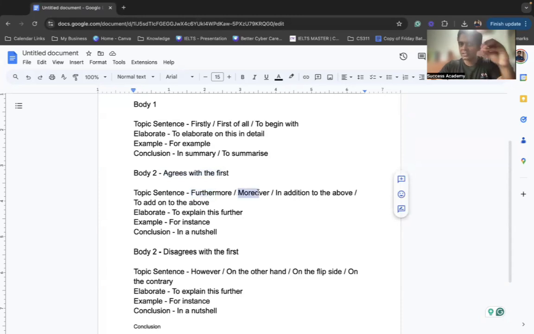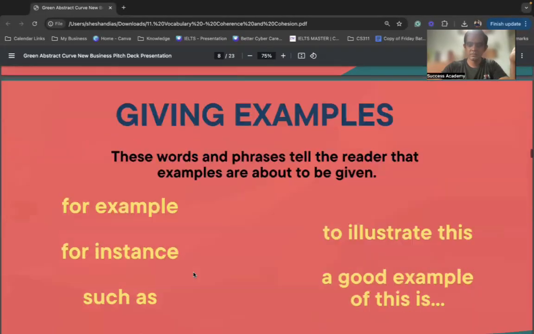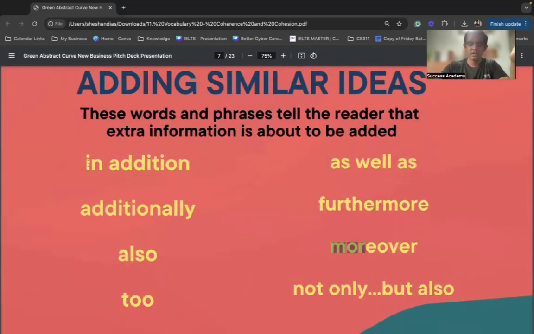Now, even in the middle of a sentence, if you are writing two ideas that connect with each other, you can use any one of these words. I'll give you some time to take a good look at it. In addition, additionally, also, not only this, but also this one. Moreover, furthermore, as well as.